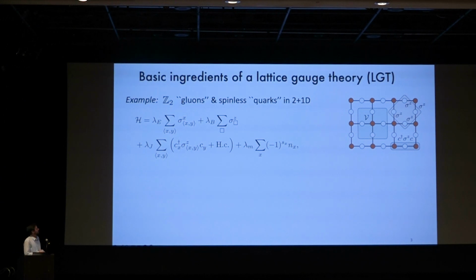Okay? And then every Hamiltonian lattice gauge theory that involves both dynamical gauge fields and fermionic matter is usually described in terms of 4 contributions that we classify as electric, magnetic, interaction, and mass terms if you want. So generically, the electric energy term is something that acts locally on the qubits, in this case, of the single gauge field.